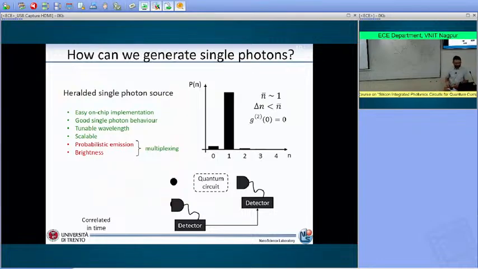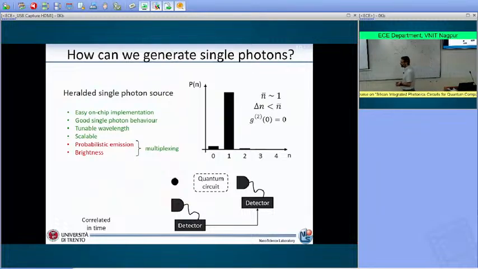So what I'm doing is that I'm using one of the two detectors to measure the presence of the other photon. And what it means is that now the measurement of this photon that is coming from the correlated photon pair is heralding to the other detector that inside the circuit is coming one photon. Okay?